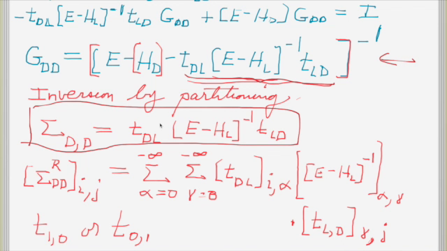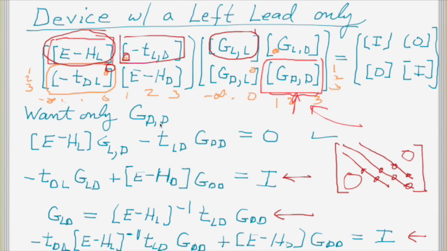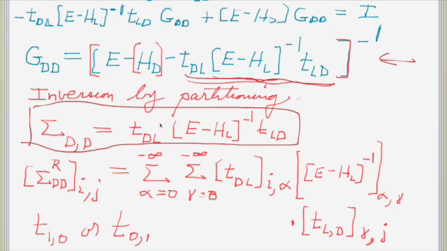And then just to show what that meant, I wrote out what the matrix multiplication meant, since these are matrices, by explicitly writing out the indices. Well, these TDL and TLD, these were these blocks here, and in those blocks there's only one element.